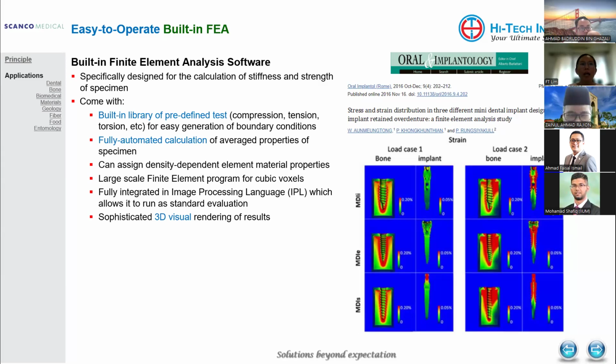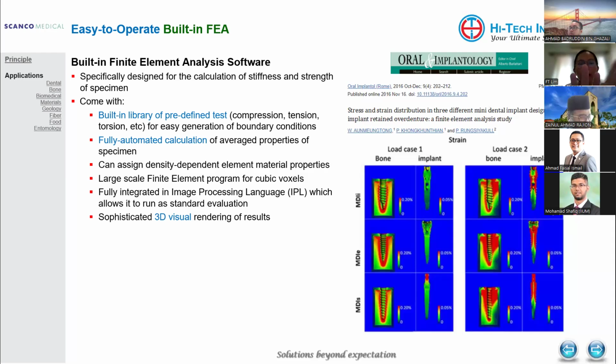For ex vivo, it depends on two factors. One is the time it takes to scan one sample. For in vivo and also clinical, because we want to minimize the radiation, we need very fast scanning. So with that, we definitely need to compensate with the resolution; we need to sacrifice the resolution.